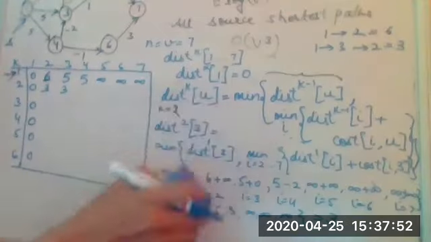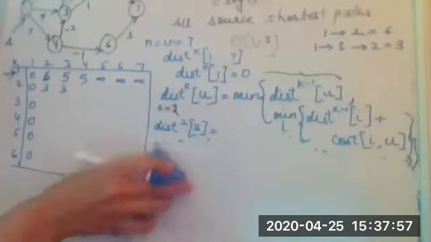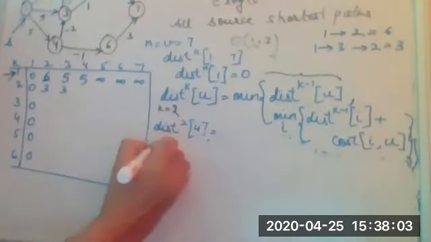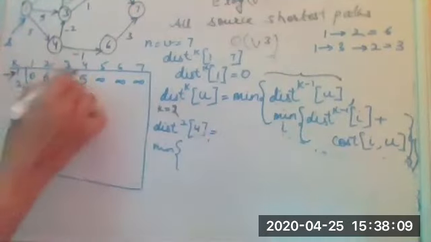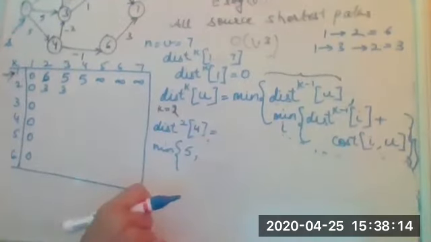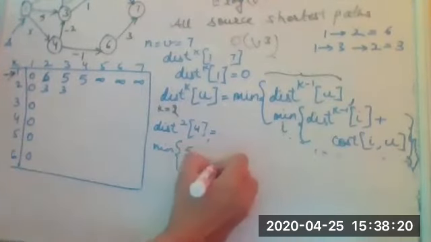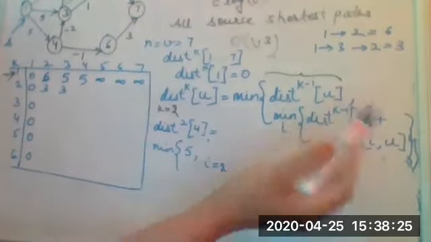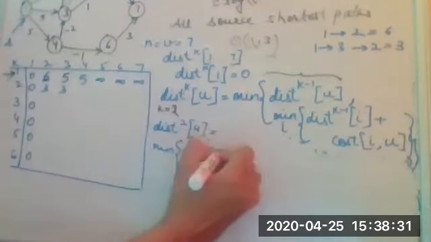So let's quickly do it for 4. I'm not going to write the complete thing now. Let's quickly see how it will change for 4. The minimum value for the distance of 1, 4 is 5, and with the other intermediate vertices, if I is equal to 2, we are finding the distance of 2 in the previous case, that is 6, plus 2 to 4. For 2 to 4 there is no value.